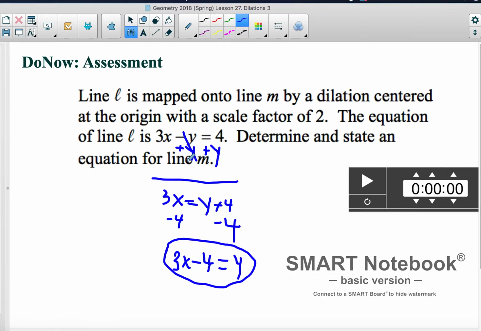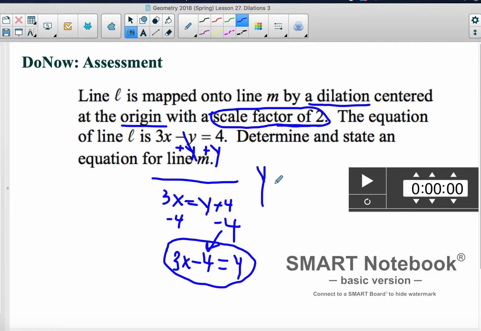So it says determine and state the equation for line M, and that's line L, which is mapped onto line M by a dilation centered at the origin. And we said when we're dilating something with a center at the origin, all we have to do is multiply that scale factor of 2 by our y-intercept. So 2 times negative 4 gives us negative 8.